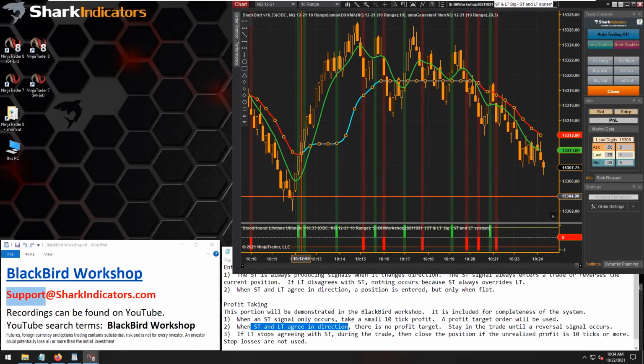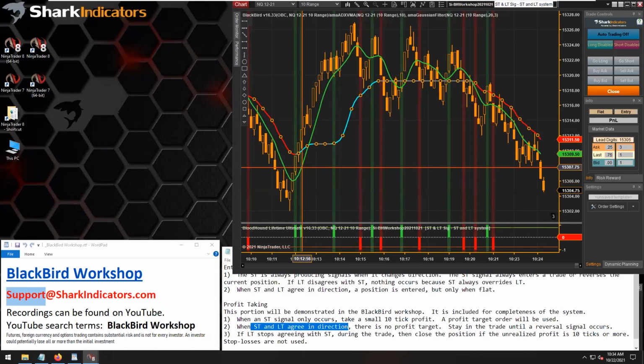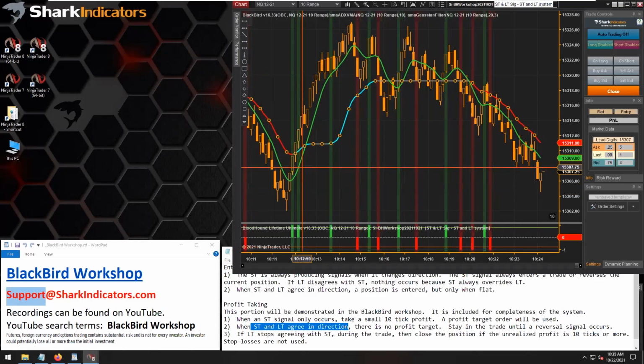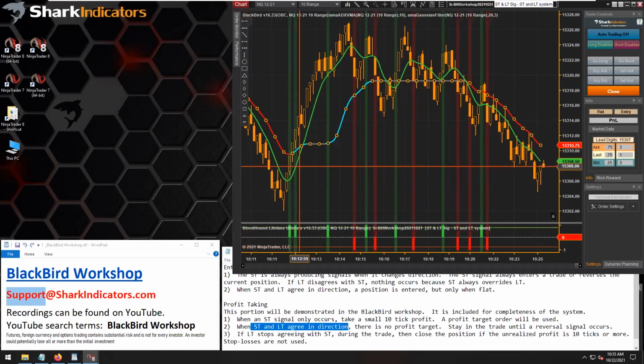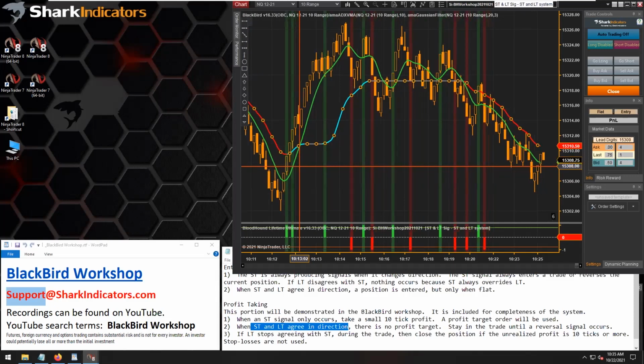Now, if you do get two signals like this in a row, that doesn't mean you're going to open a secondary position. Only one position at a time is opened. This system doesn't scale in additional contracts. If the system is set up to trade one contract, it's not going to open two contracts.